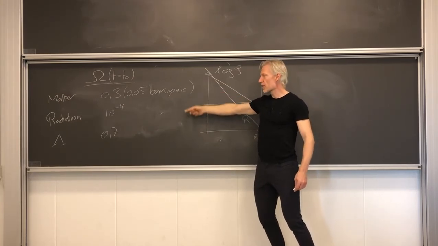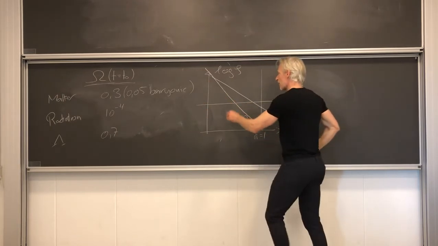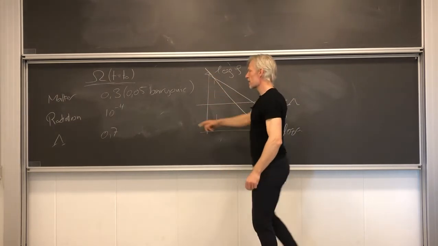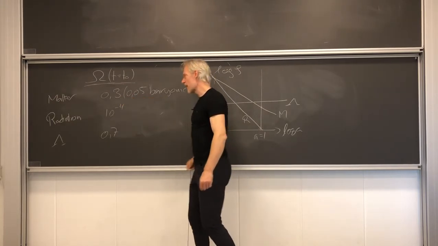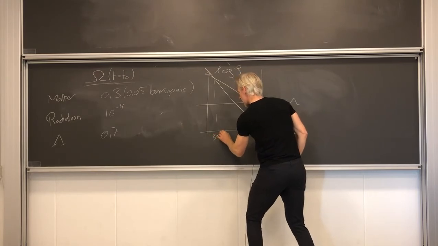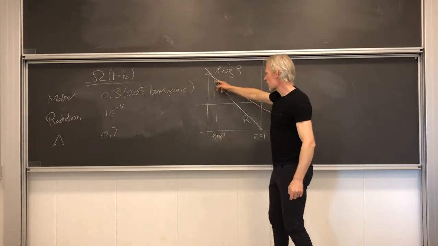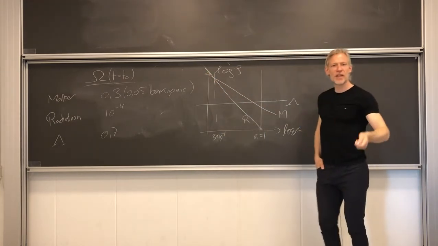So you can just take the current ratio here, and then you'll find that 10 to the minus 4 divided by 0.3, that's approximately 3 times 10 to the minus 4, sort of. And that means when you get back to an a of 10 to the minus 4 or a few times 10 to the minus 4, before that point the universe is entirely radiation dominated.